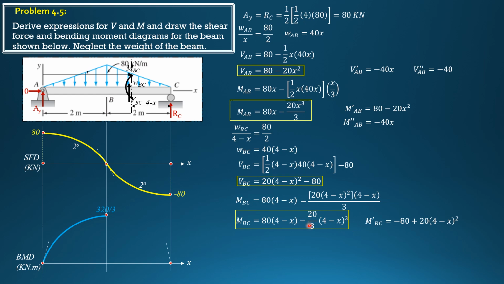It's positive because it is supposedly negative 20 over 3 times 3 times (4 minus x) squared times negative 1, the derivative of 4 minus x, so positive 20 times (4 minus x) squared. The second derivative is negative 40 times (4 minus x). That's why when x is 3, between B and C, this gives us negative 40, so it is concave downward as shown. So that's it for this problem.